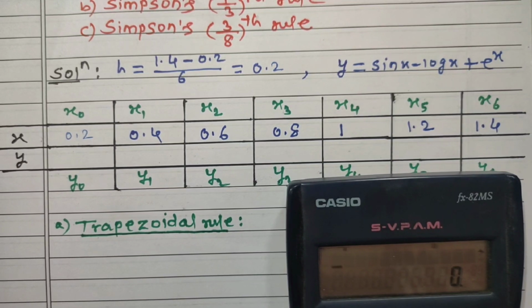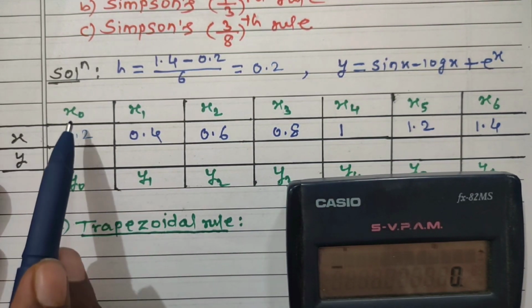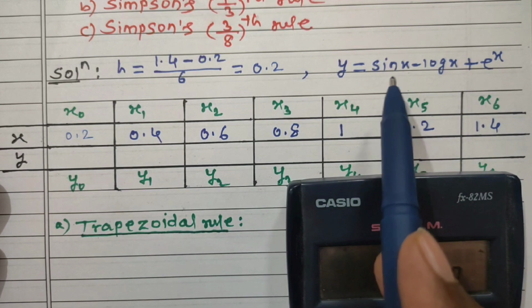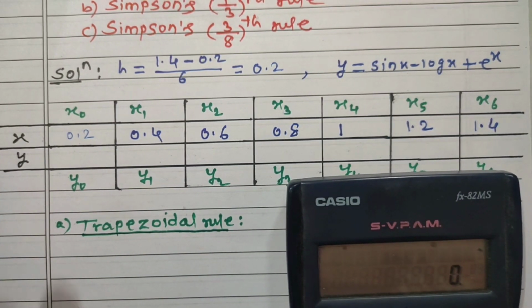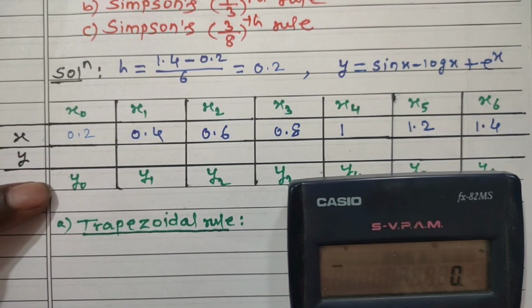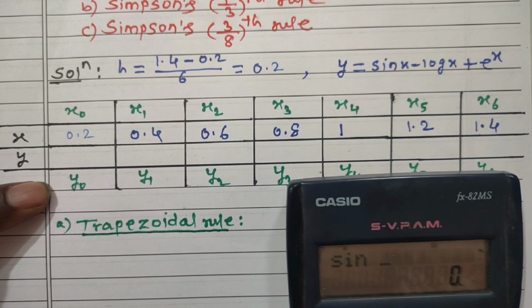You can find values of y, putting x0 is equal to 0.2 on the right hand side. So for x0 is equal to 0.2, y0 is what? Sin of 0.2 minus logarithm of x to the base e, that is nothing but natural logarithm, ln 0.2, plus e to the power x.